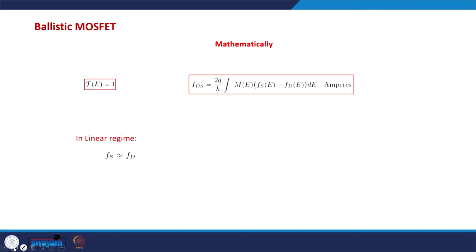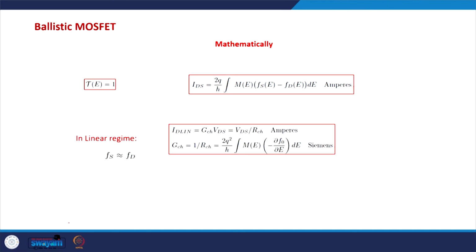In the linear regime, when the applied voltage is very small, the source Fermi function is very close to the drain Fermi function, and in that case Fs minus Fd can be approximated by (−∂F/∂E) times qV.